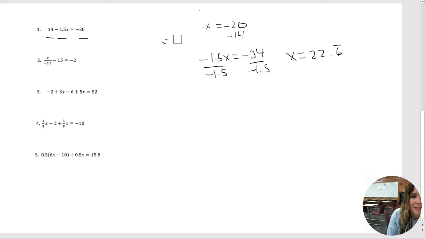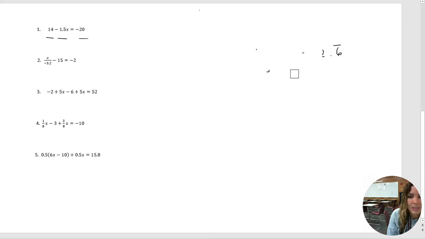Okay, on the next one, you have x divided by a negative 3.2, and then subtract 15, and then that is equal to a negative 2. So when you have this x divided by negative 3.2, that's your variable term. So before you do anything else, you need to get rid of this minus 15.